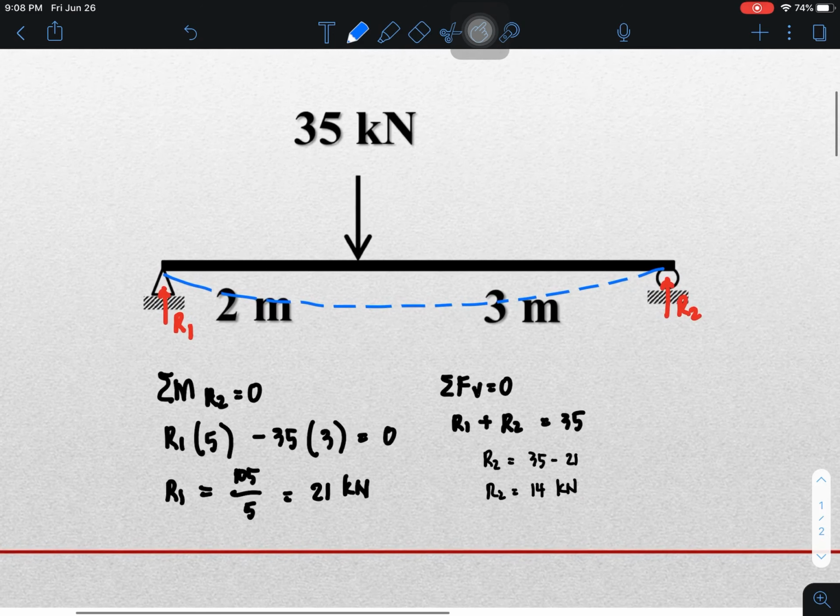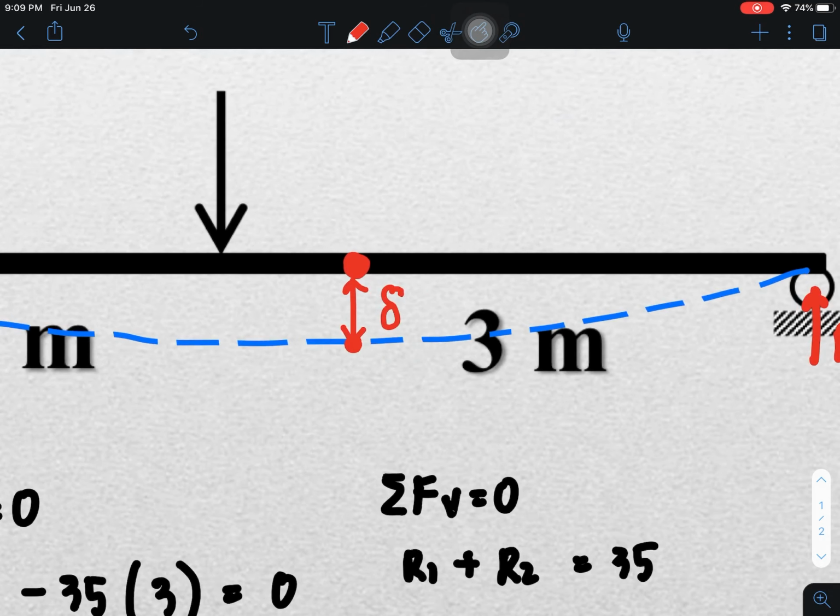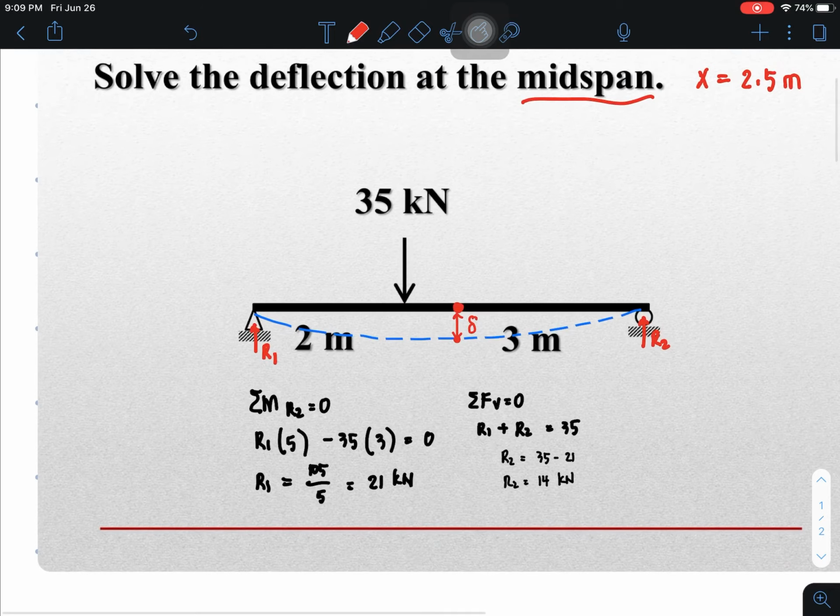It's 1/2 of 5, so maybe around this portion. From this position of the beam down to here, we call that the displacement at the midspan. That is the distance of our displacement, which we are going to find.